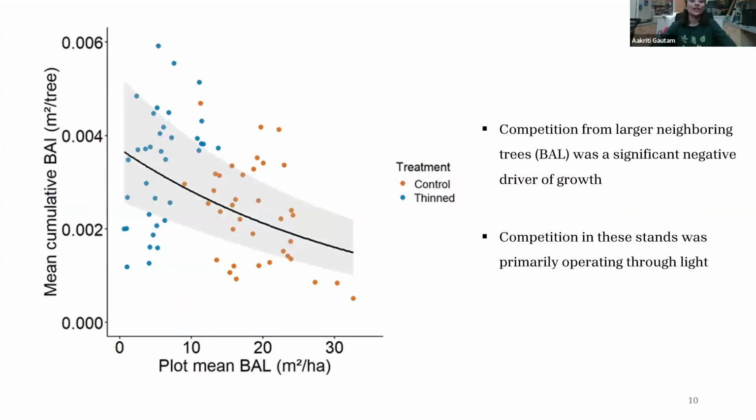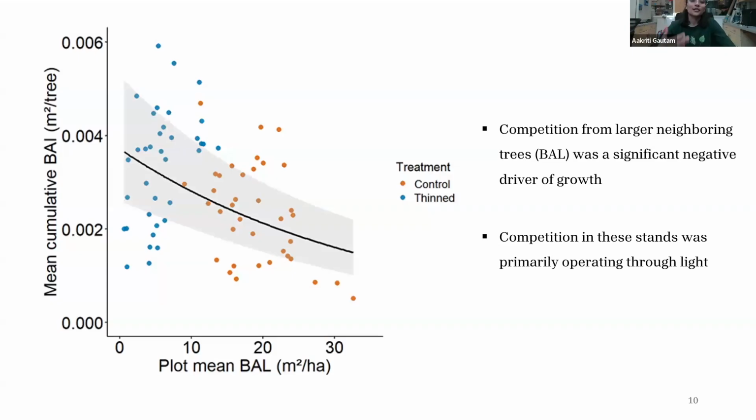And lastly, we also assessed competitive effects where we compared mean cumulative basal area increment with the plot mean basal area of larger trees. And this is the result from combining both thinned and the control. And as you can see, with increasing basal area, with increasing competition from the larger neighbors, post-treatment growth decreased.